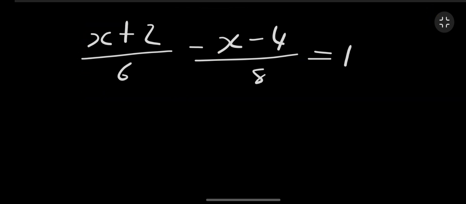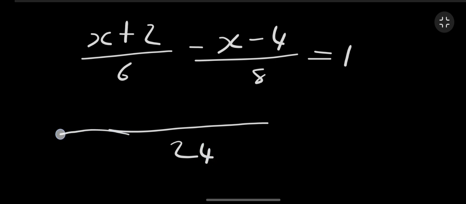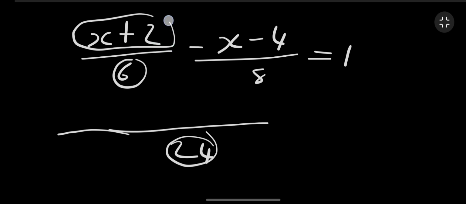So here we're going to find the lowest common denominator of 8 and 6. In this case, it's going to be 24. Now we're going to say 6 into 24, that is going to be a 4. Then you say 4 multiplying the numerator, which in this case is going to be x plus 2.